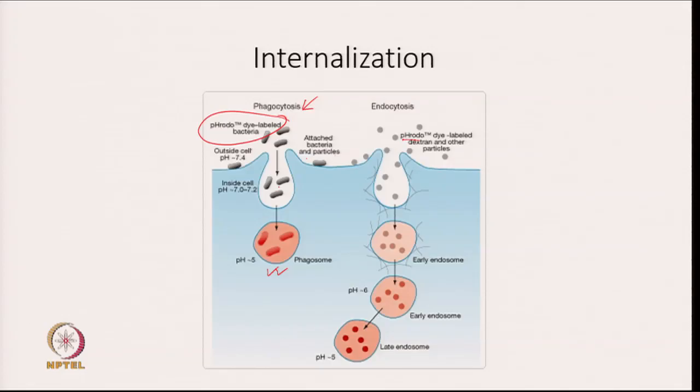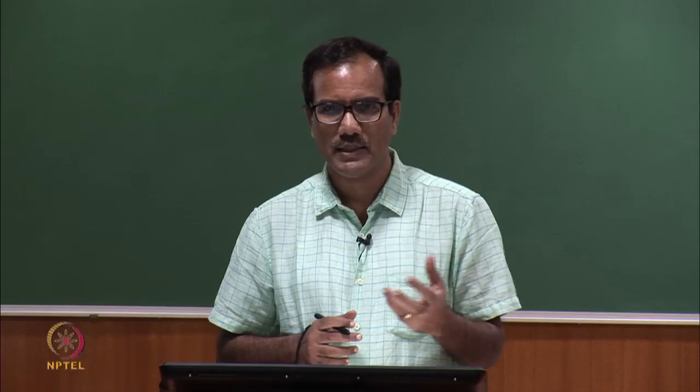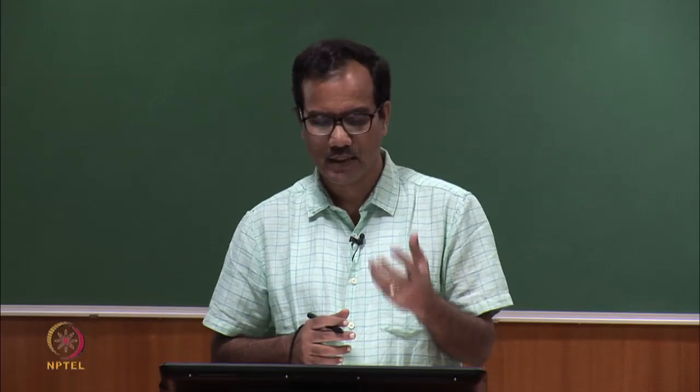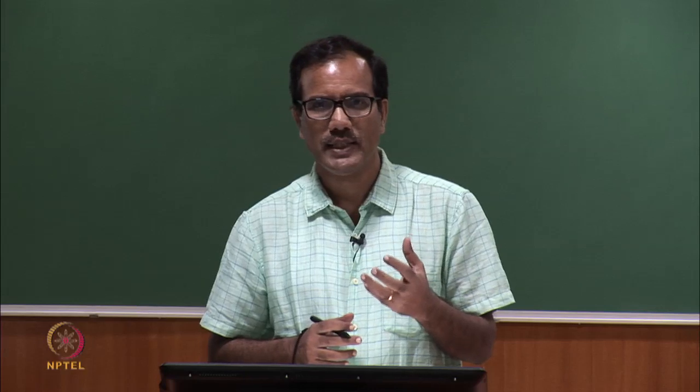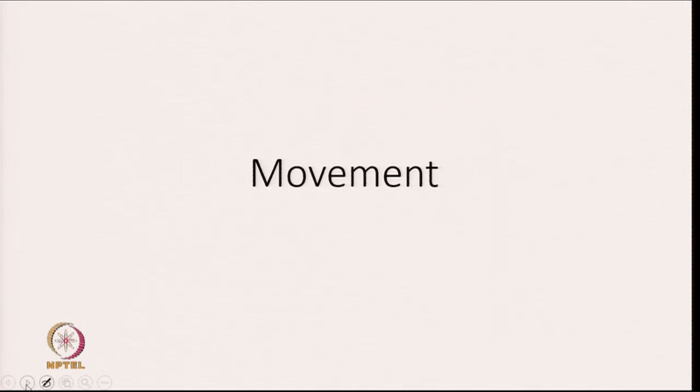Similarly, with dye-labeled dextran and other particles, if they go to the early endosome, they will change color like this. Early endosome, their color is this, and late endosome, you can see it is quite intense red. So, by using pH sensitive dyes, you can look at the internalization of bacteria inside the cell.